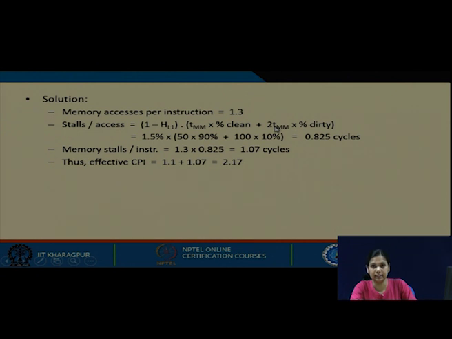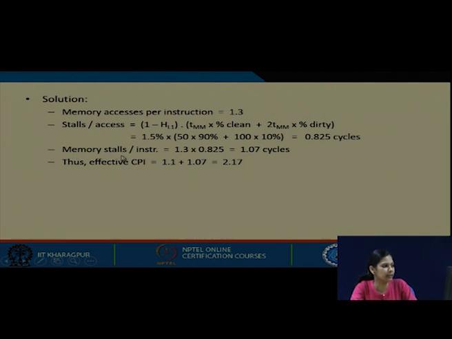If it is dirty, then we have to do it twice. We have already seen that in our previous lecture. So now let us have this as 1.5%, which is the miss rate, and 50 is the miss penalty, and then 90% of the time it is clean because it is dirty for 10% of the time, and twice the miss penalty will be 100, 50 into 2, which comes down to 0.825 cycles.